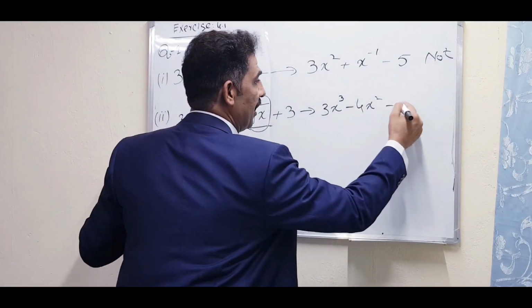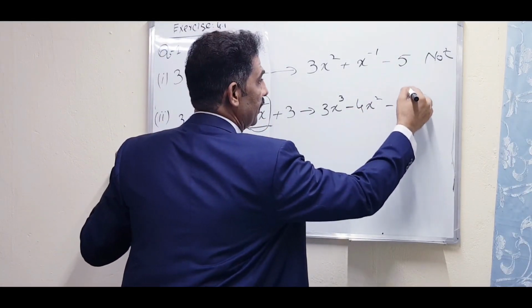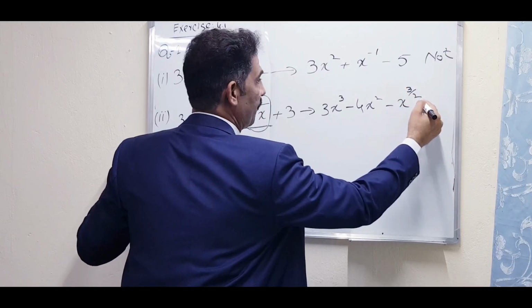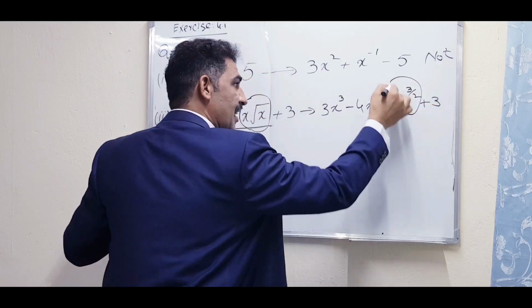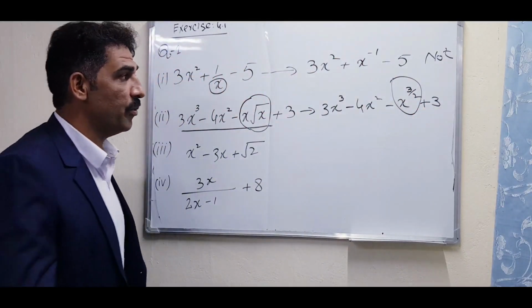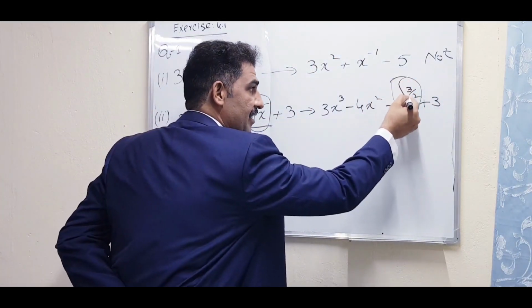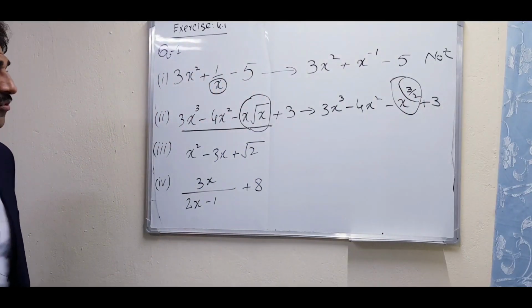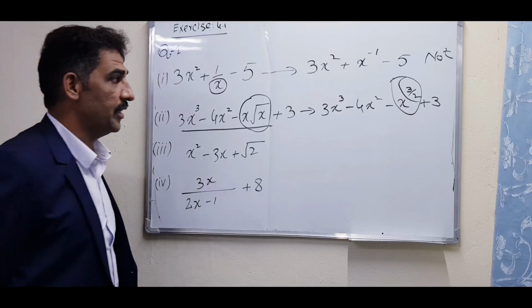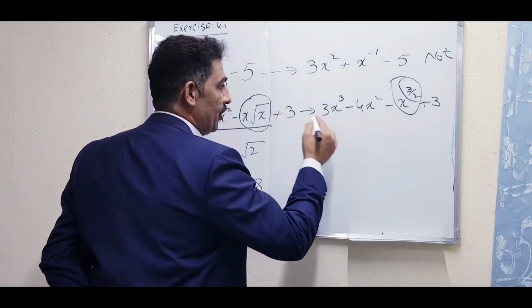So it becomes x raised to the power 3 over 2 plus 3. This exponent is not an integer, it is a rational number, so that's why it is also not a polynomial.